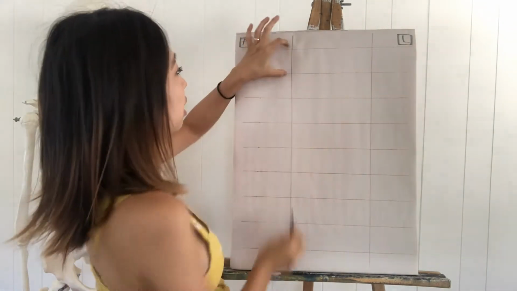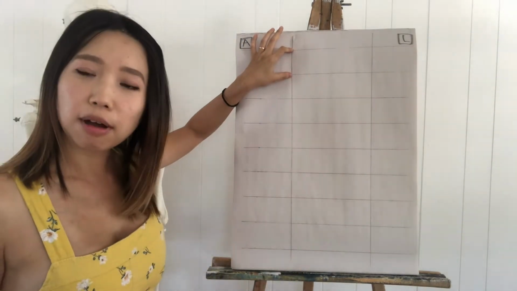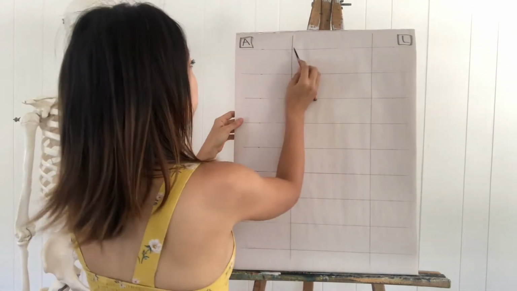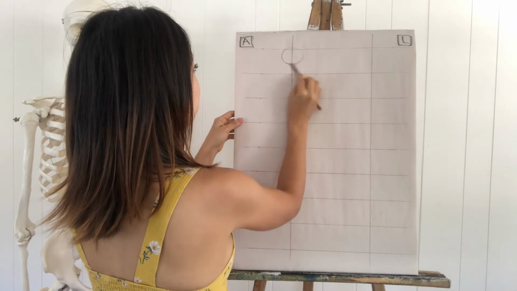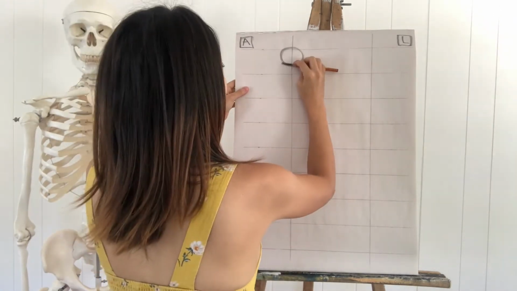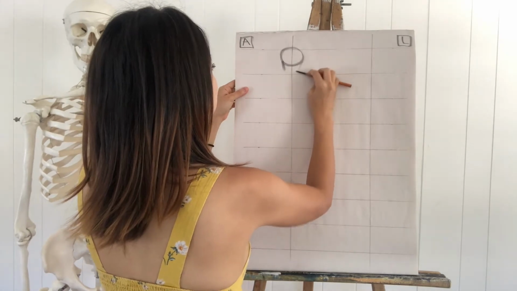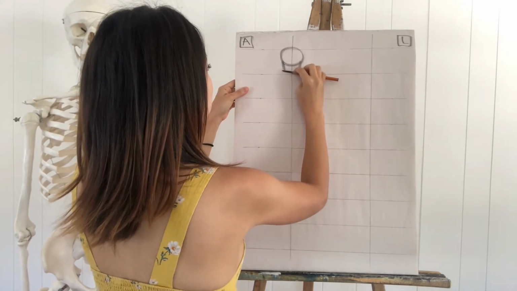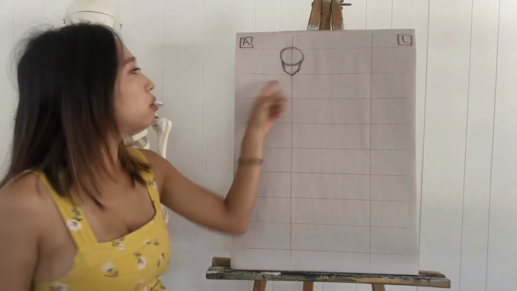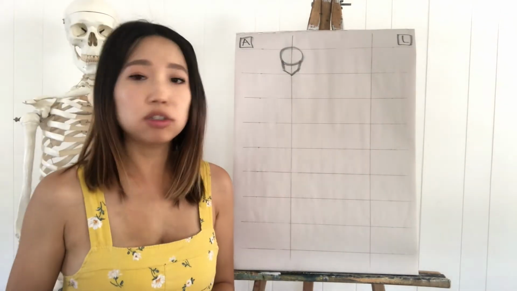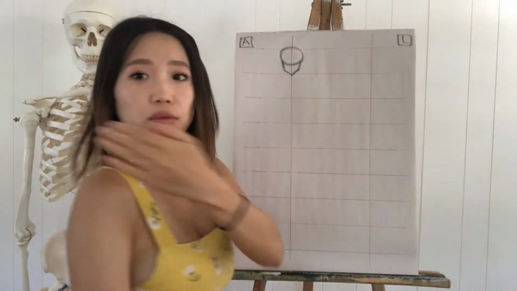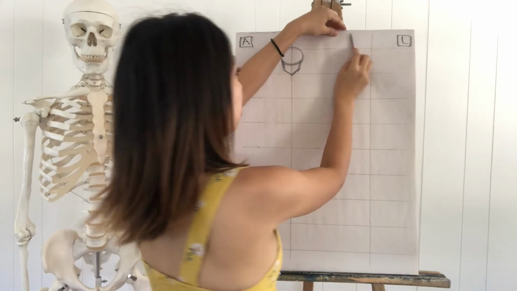So I'm gonna take the first part of the grids that we created, and start with this nice oval shape and create the jawline. It goes diagonally down, and a little pointy part for the chin. And for the lateral view, I'm gonna do the right side, so it's gonna be looking this way.